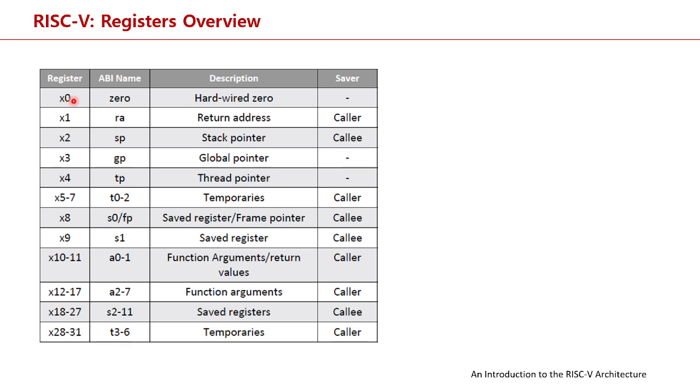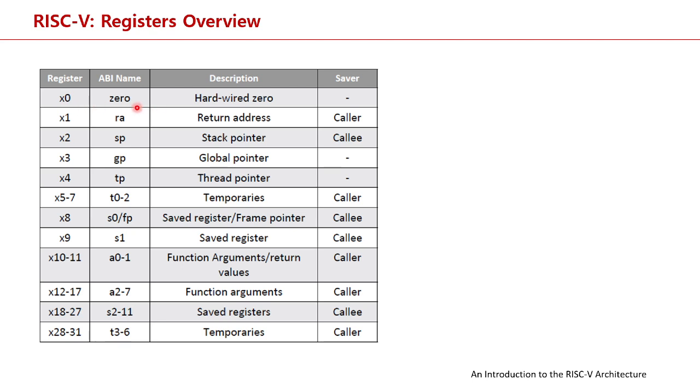Let's look at the X0 register first. Register X0 is the zero register, and this register is special. Its value is always 0. You cannot change it. When you read the X0 register, you always get 0.